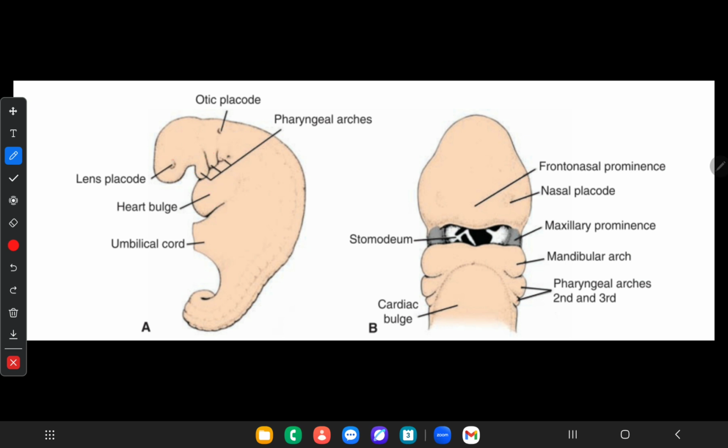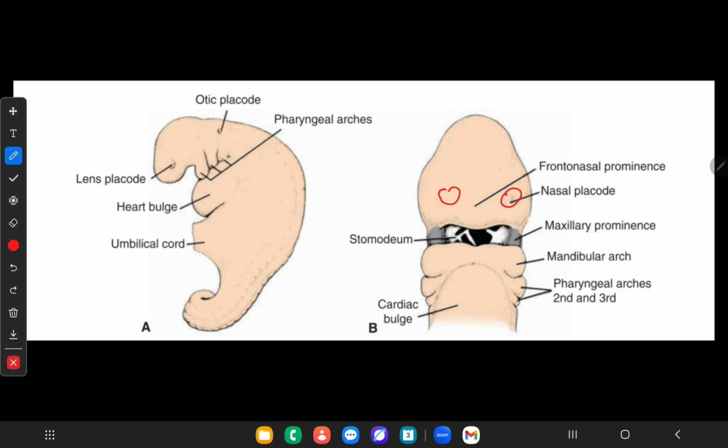Then in the next picture you can see this area is the frontonasal prominence. In the frontonasal prominence, there are two depressions called nasal placodes.